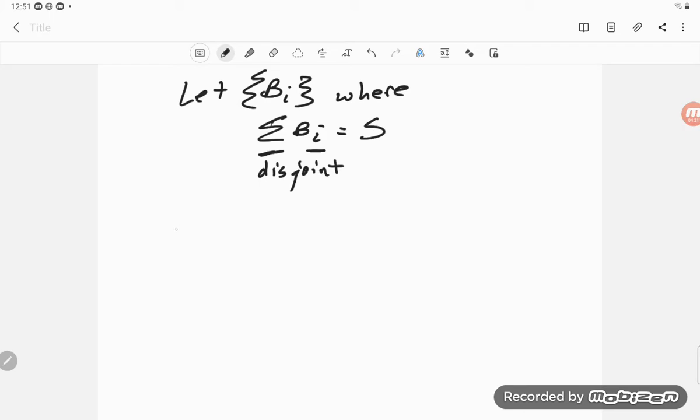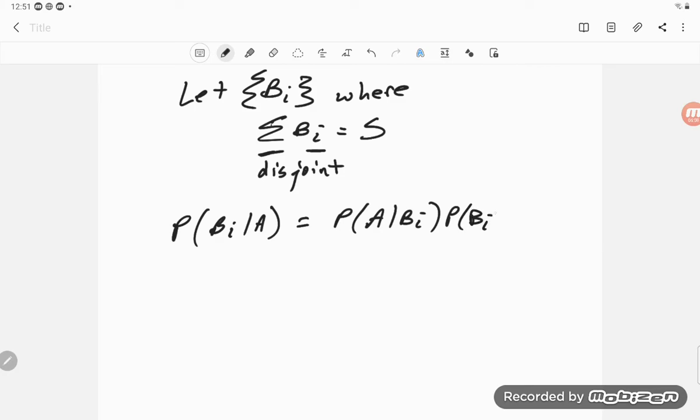So if we do that, then I can take Bayes' theorem and write P of B i given A, for any given B i, is then equal to the probability of A given B i times the probability of B sub i.